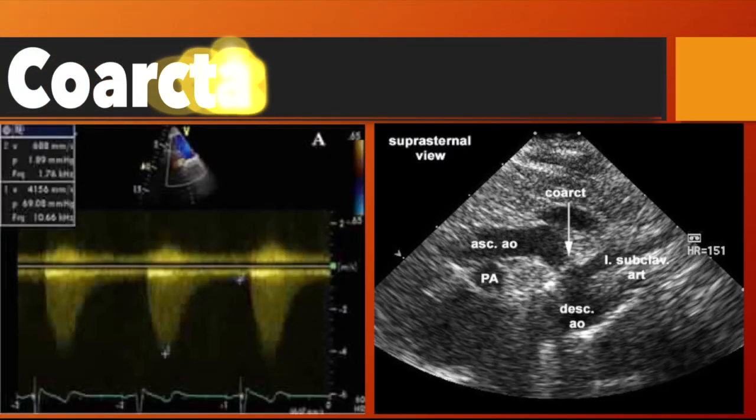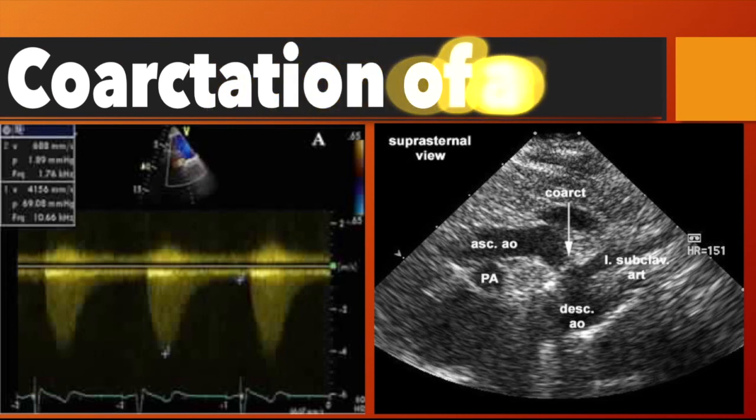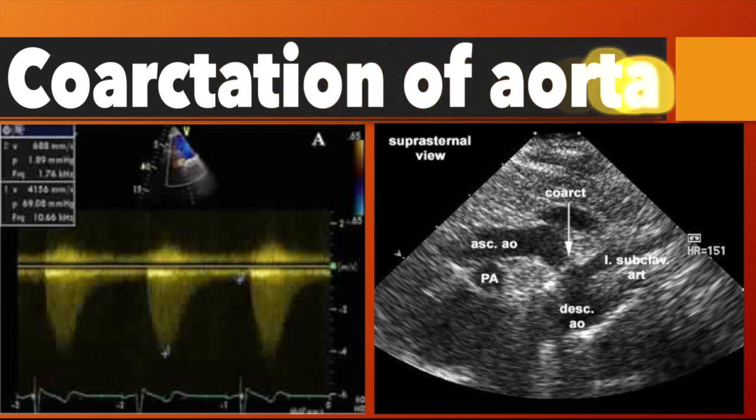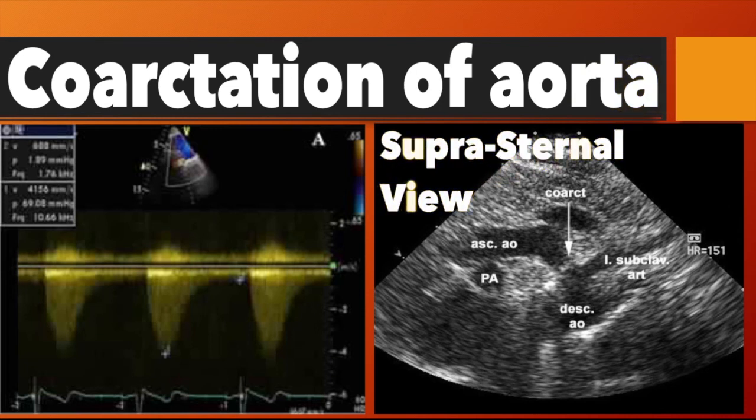Here is the coarctation of the aorta. Coarctation of the aorta is usually seen in the suprasternal view. As you can see, here is the arch of the aorta, here is the descending aorta, and here is the area of the coarctation between the arch of the aorta and the descending aorta.